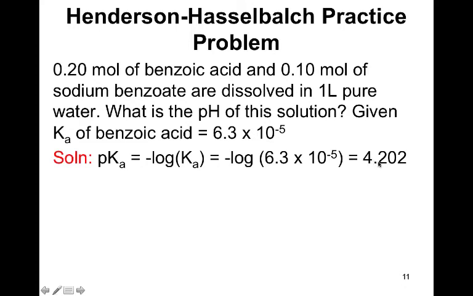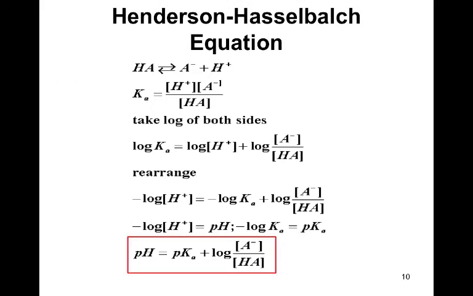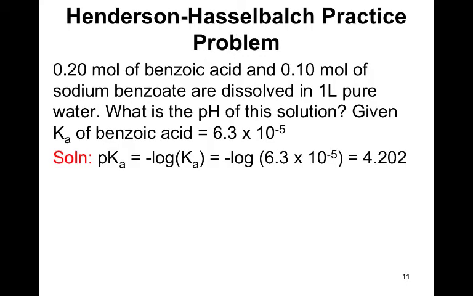At this point, I want you to pause this video and go back to the Henderson-Hasselbalch equation, plug in these numbers using what you have been given in the practice problem, and try to solve it for yourself. I want you to find out what the pH of the solution is using the pKa, the concentration of the anion, sodium benzoate, which is 0.1 mole, and the concentration of the weak acid, which is 0.2 mole.